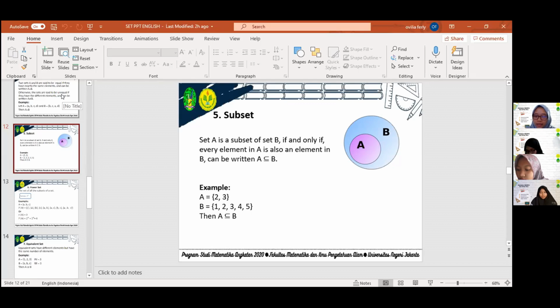If subset, in B it's only 2. So A only has 2 members, the same as B. But there are still 3, which are 1, 4, and 5, that are not members of A.